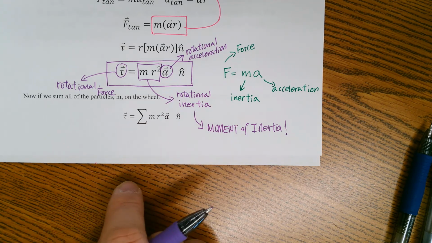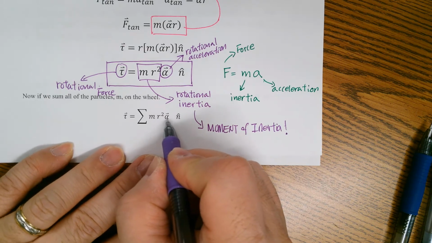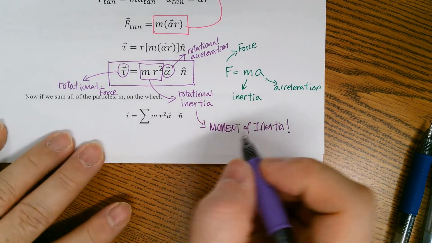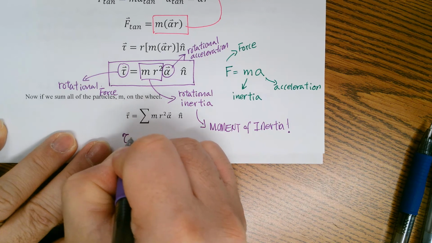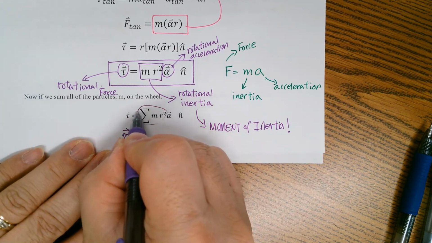Since this is constant, we can now say torque can be represented as the summation of all this.